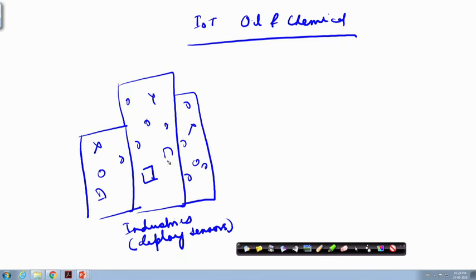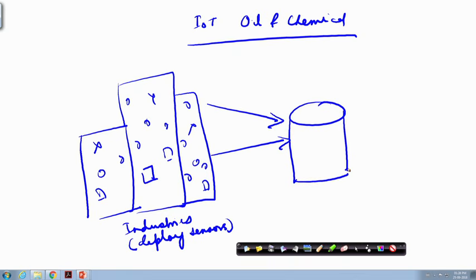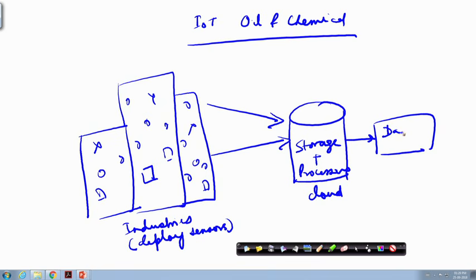So, all of these different sensors are going to be deployed. So, these data are finally going to reach some server or some cloud service, let us say, which has storage plus processing capability, and this data would be analyzed and made available to, let us say, the manager.